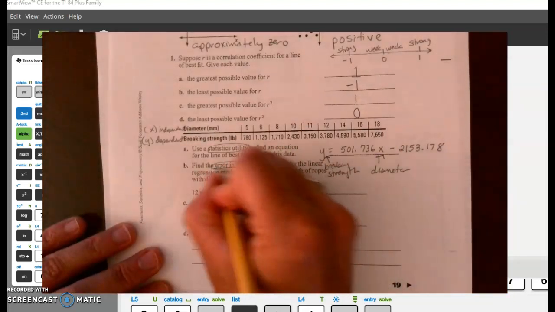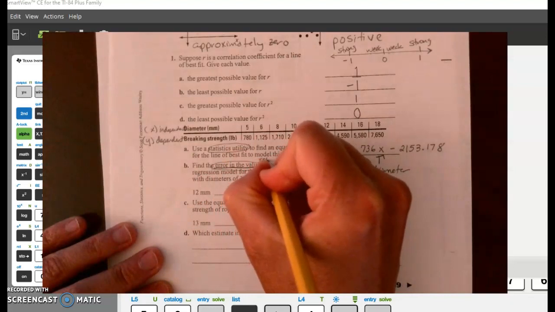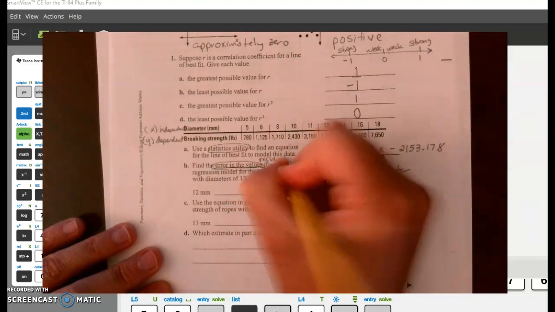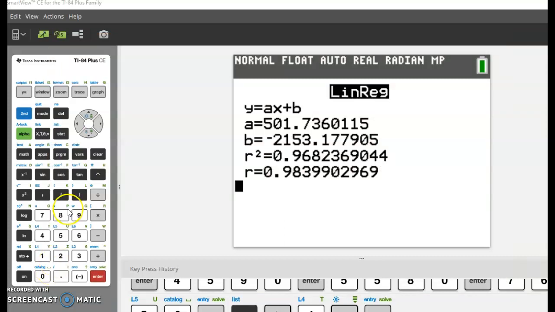It says find the error in the values predicted. Error, that's residual, predicted by the linear regression model for the breaking strength of ropes with diameters 12 and 18. So we're going to go to our graphing calculator for this, and practice what we did last class.